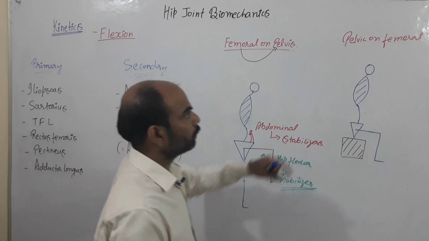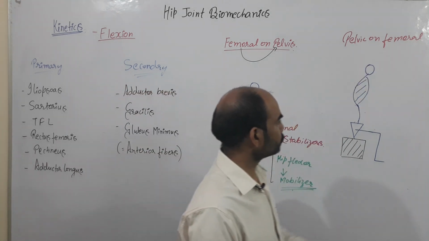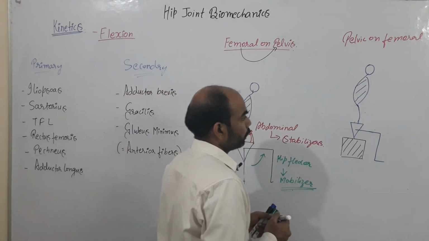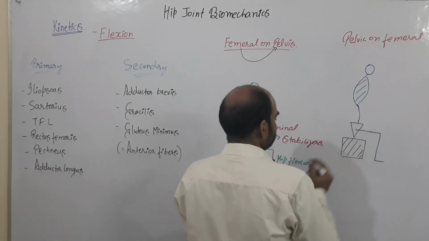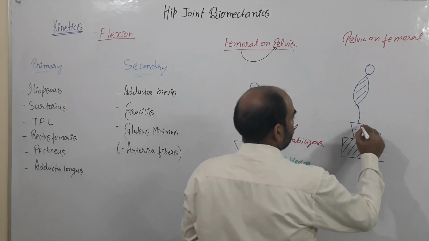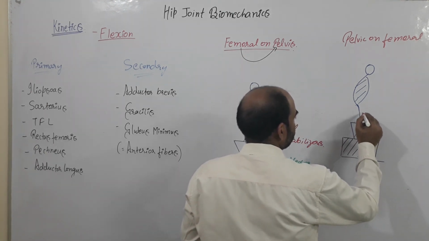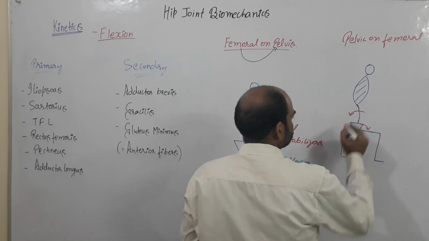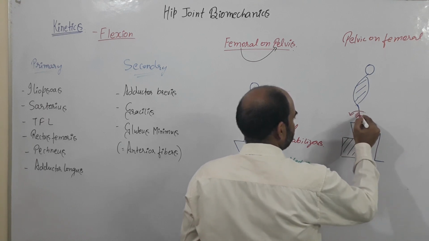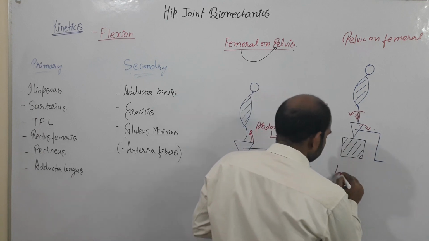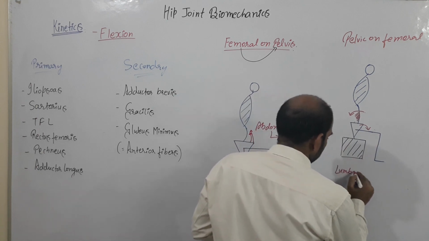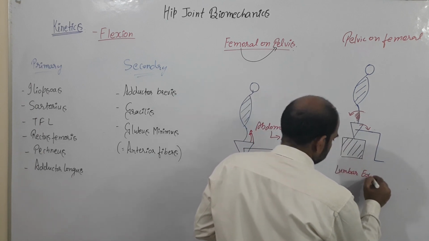In pelvic on femoral motion, the femur is fixed, so the pelvis moves anteriorly and the lumbar spine moves posteriorly with the help of the lumbar extensors.